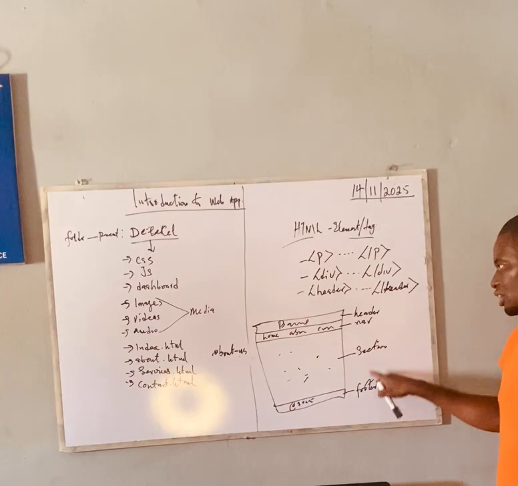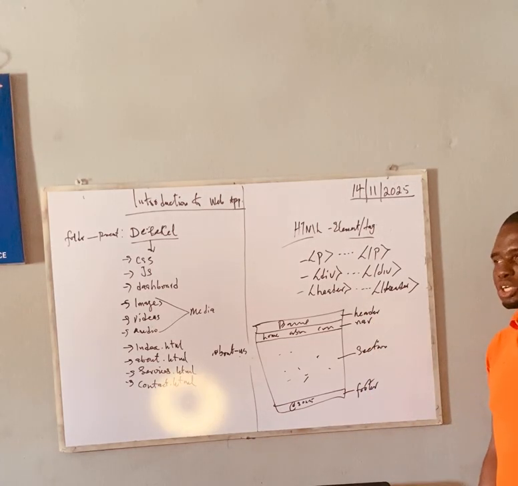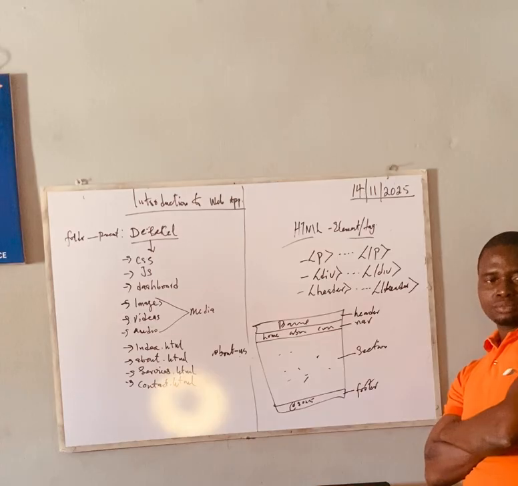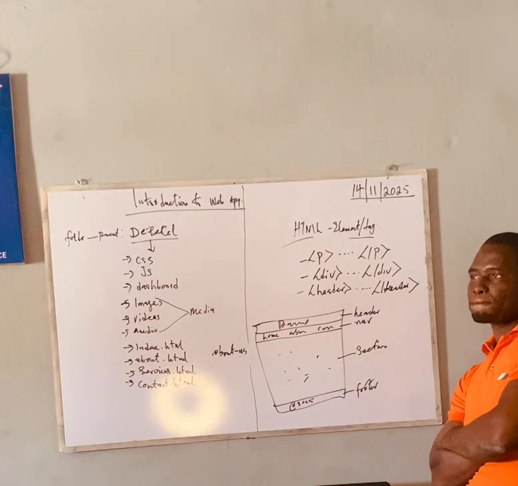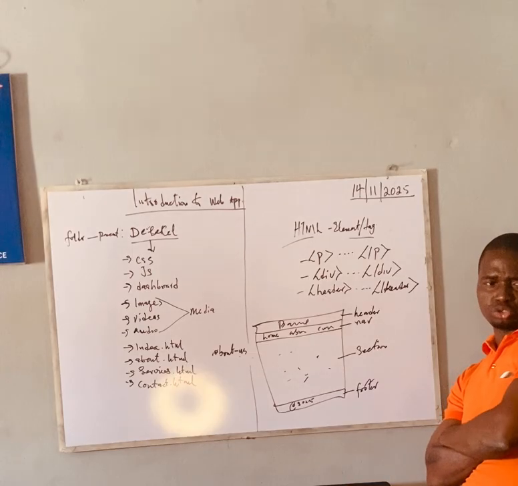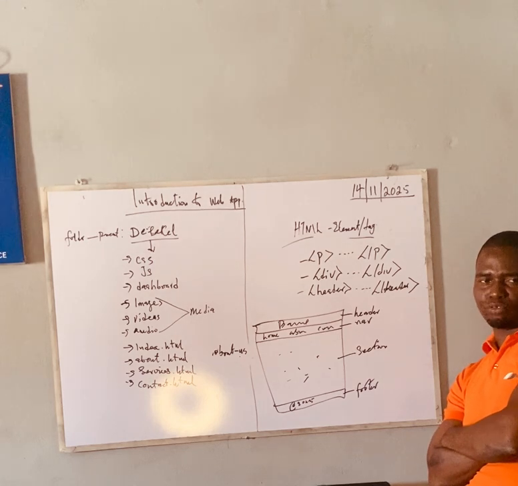So you have footer, you have section, you have nav, you have header. The question is, is it a must that I use it? It's not a must, but it's the best practice. If you don't use it, what happens? There are blind people who will be browsing through the application, right? And they will be using screen reading software, right?